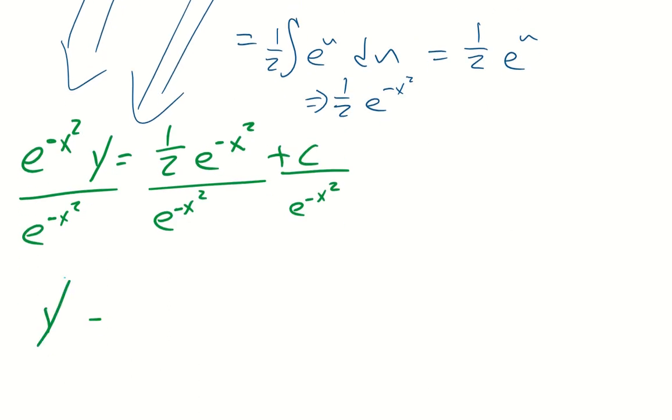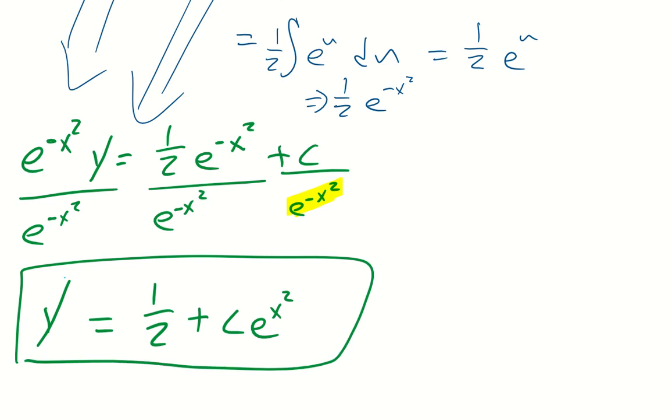So we have y is equal to 1/2 plus, well, this is a negative exponent, so we can, so to speak, bring it upstairs. We bring it to the numerator. So we have c times e to the x squared power. And this is our final answer.